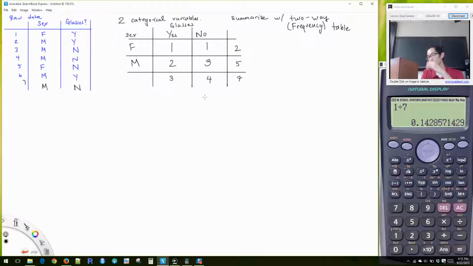I'm skipping a few sections in the textbook, so this is section 2.3 in the text, and you have a few problems in your homework related to this.